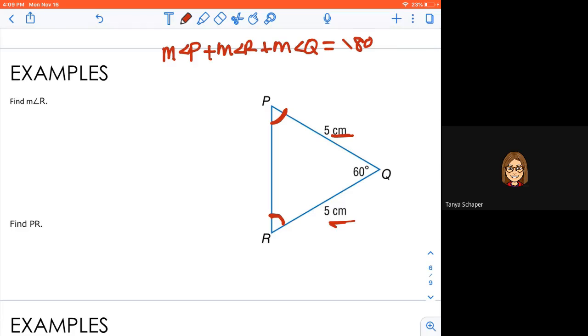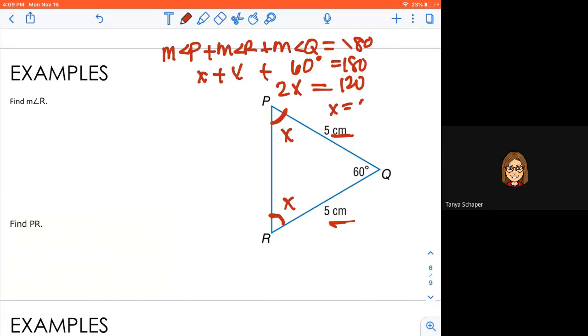All right, we know Q is 60 degrees. And we know that if we call it PX, we can also call it RX because they're the exact same measurement. So we can say X plus X plus 60 is equal to 180. We can then say that 2X is equal to 120, so X equals 60. So we can say that both of those angles are 60 degrees.